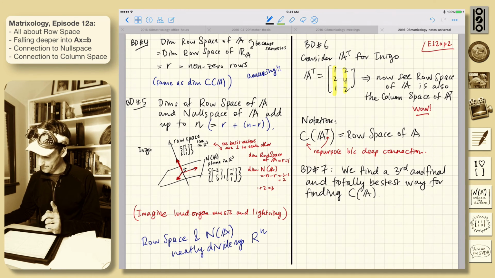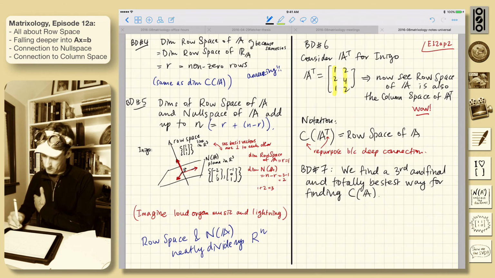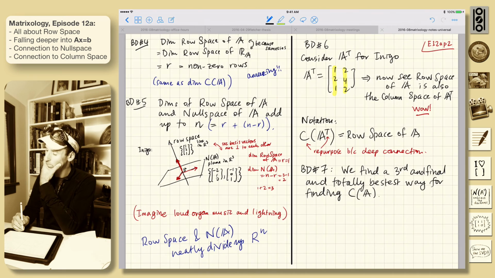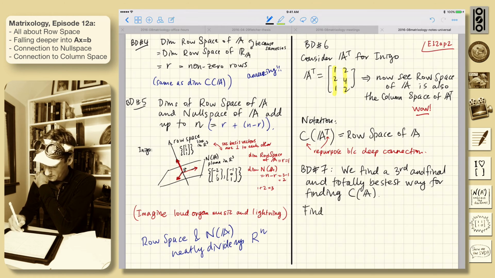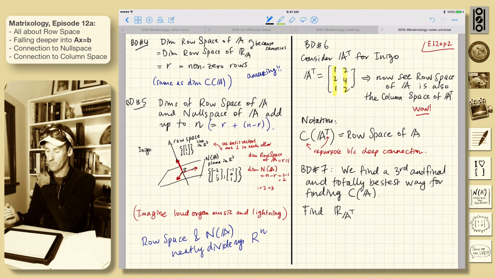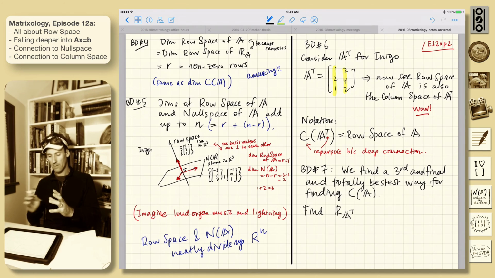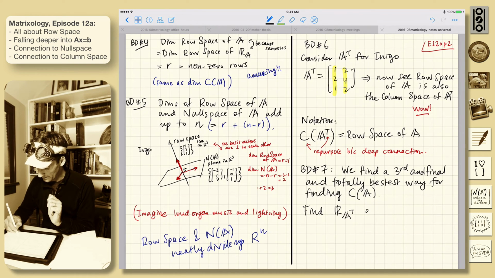What else do I have in here? Yeah, so the column space of A, this is an important thing. If we take the reduced row echelon form of A transpose, so take the transpose of A and then read off.